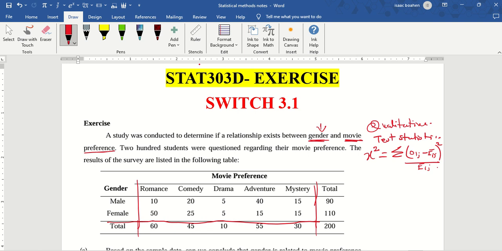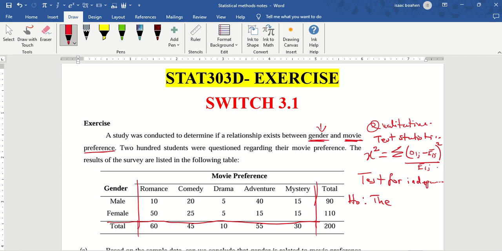And one thing we have to know is that we are also testing for independence. Because we are testing for independence, our null hypothesis should be that gender and movie preference are independent.